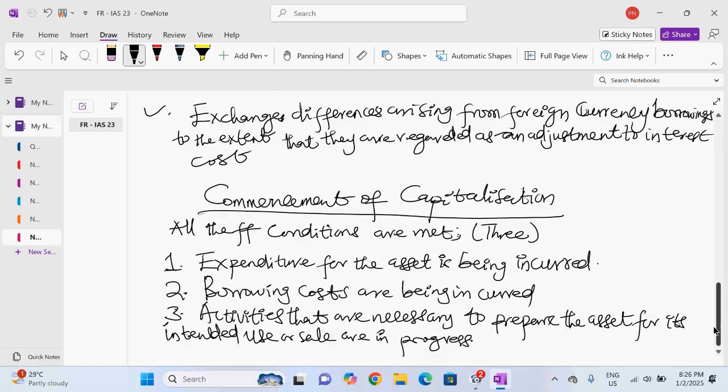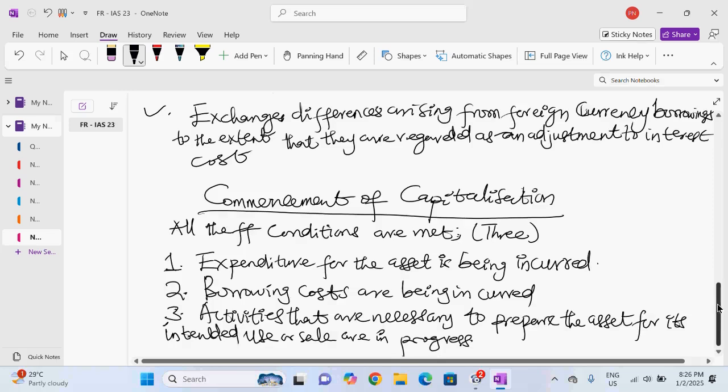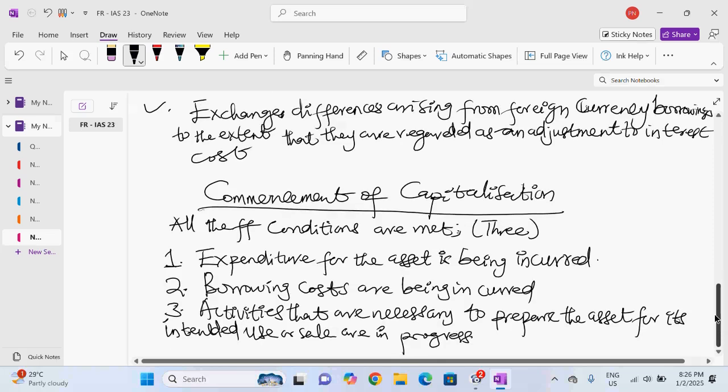So you have started clearing the land, you have started doing things that will help you acquire the asset. You have started clearing the site that you will use in the construction of the building. So the activities necessary to prepare the asset for its intended purpose are in progress.